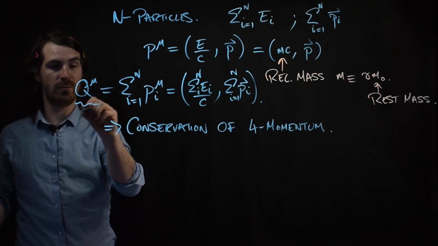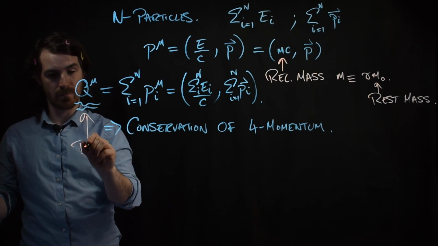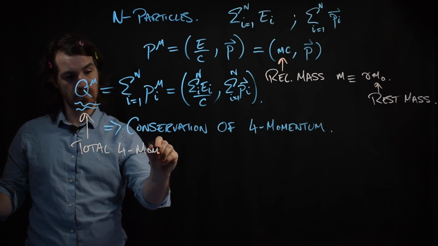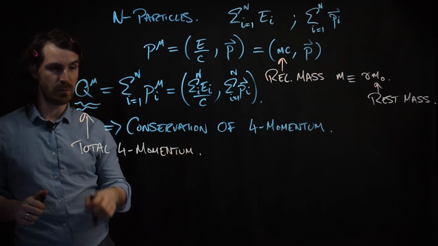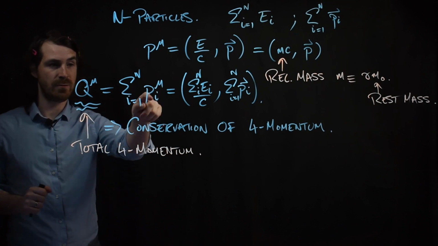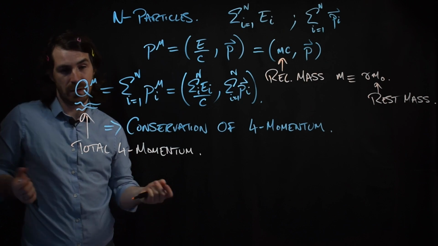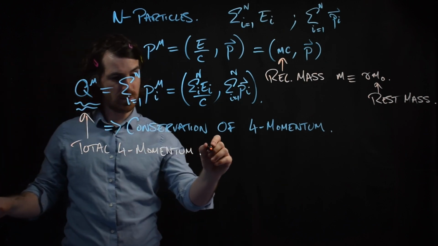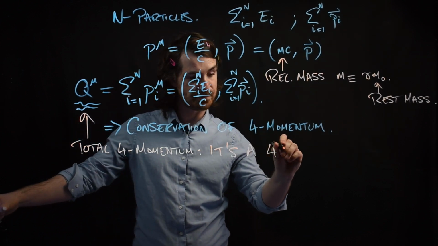So this is the total 4 momentum, and it's a 4-vector. The 4 momentum itself for each individual particle is a 4-vector, and the total is a 4-vector. So this transforms as a 4-vector.